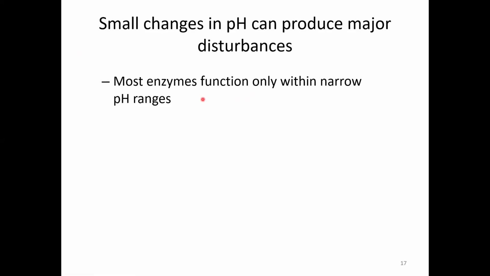If that pH environment is not available to the particular enzyme, it cannot function, and ultimately the result will be the inhibition of that pathway or process in which those enzymes are working. So small fluctuations in pH will lead to large changes, meaning enzyme function will stop.